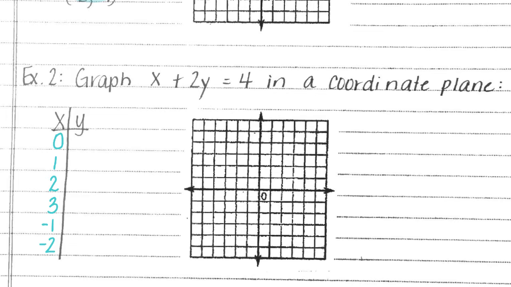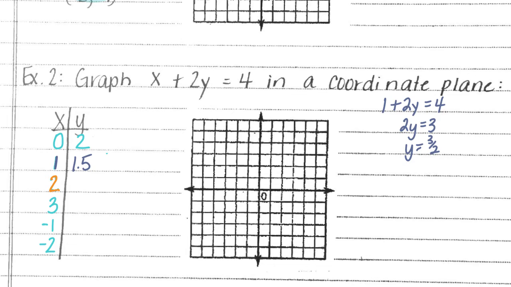So if x is 0, 0 plus 2y gives me 4, the y would be 2. Hopefully we'll start to see a pattern. If x is 1, 1 plus 2y equals 4, 2y equals 3, y equals 3 halves, which is 1.5.